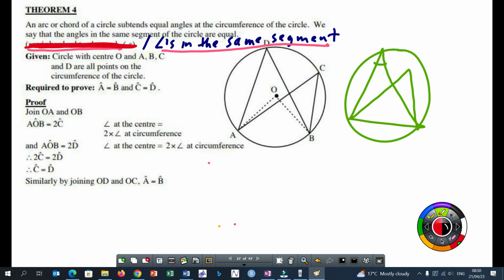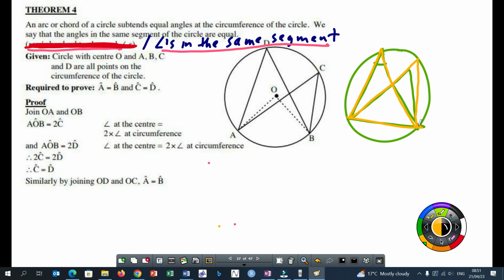Circumference of the circle. What this means is, if you draw a chord, then you create two angles at the circumference like this. Okay, this one now is not at the circumference. So if I extend, by the way, I used this to explain the other case.